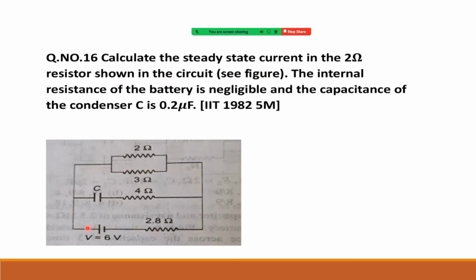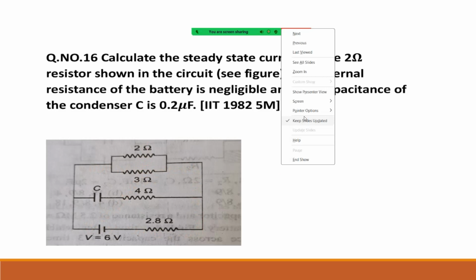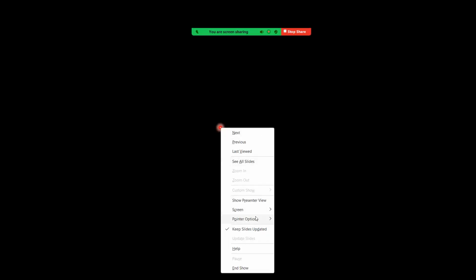I think directly we can say here 2 and 3 are in parallel combination. So the effective value is 2 into 3 by 2 plus 3, right? Let us make the calculation.